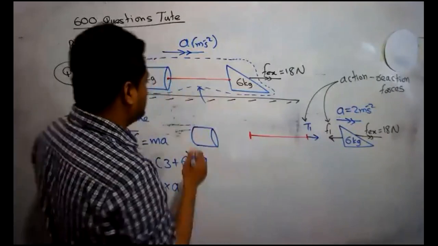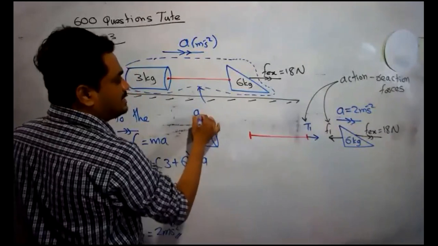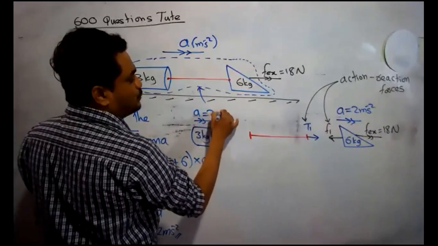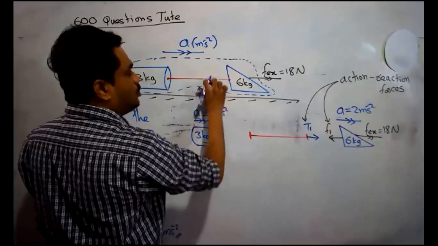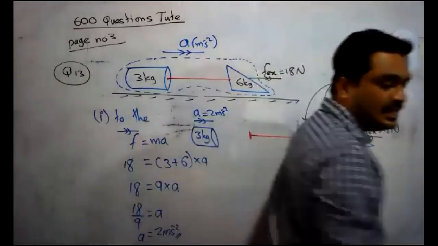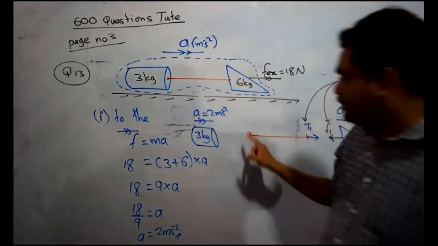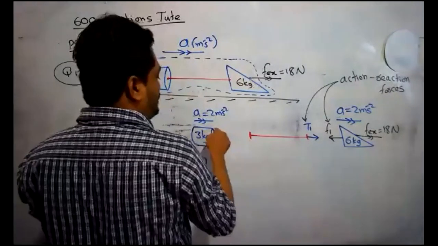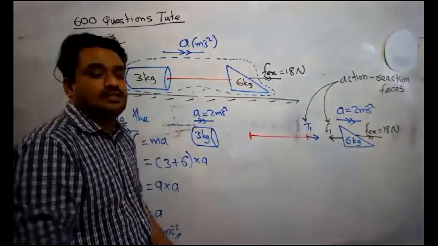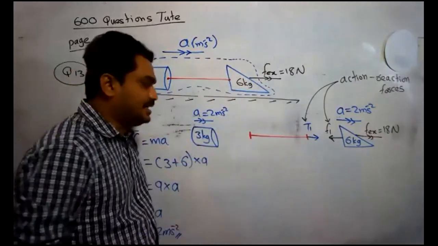Actually, there are two reasons for the 3 kg object to be moved to the right hand side with an acceleration of 2 meters per square second. Why is this 3 kg object moving right hand side? There are two reasons. Somebody please tell me. The first reason is the 3 kg object and the string are connected together.